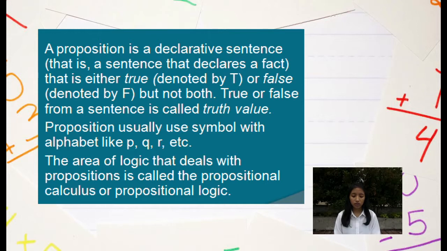True or false from a sentence is called the truth value. Propositions usually use symbols with letters like P, Q, R, etc. The area of logic that deals with propositions is called propositional calculus or propositional logic.